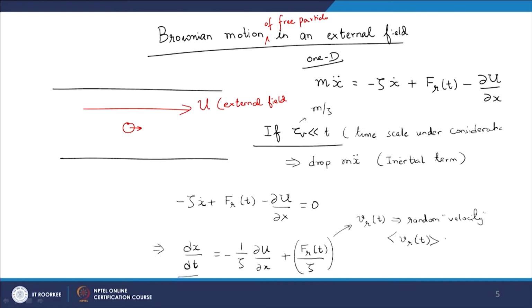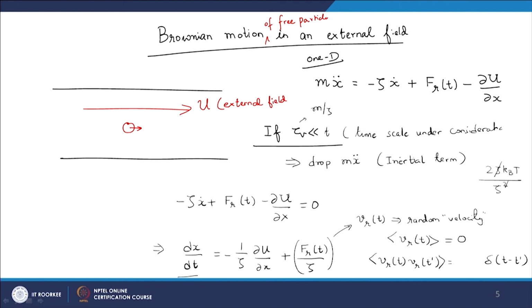So, v_R(t) ensemble average is equal to 0, and if I look at the autocorrelation, that has to be delta of t minus t prime, and A was 2 zeta k_B T in the case of f_R(t) f_R(t prime). In this case I am dividing by zeta, so it is 2 zeta k_B T divided by zeta square.